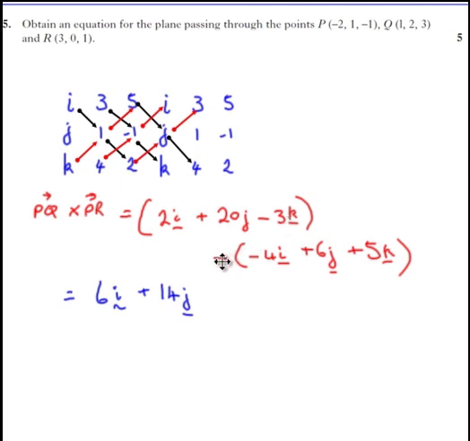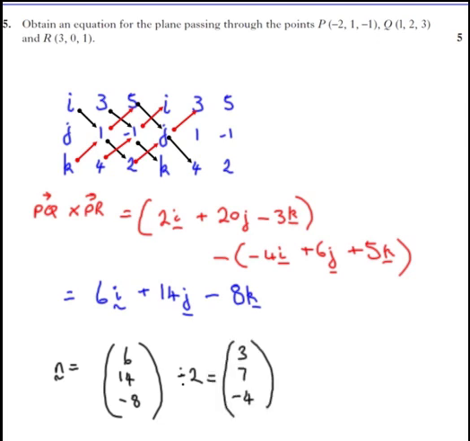Minus 3k and then minus 5k will be minus 8k. So this tells us that a normal to the plane would be (6, 14, negative 8). We can simplify this normal and still have a normal by dividing all through by 2. Dividing by 2 gives us a normal (3, 7, negative 4).